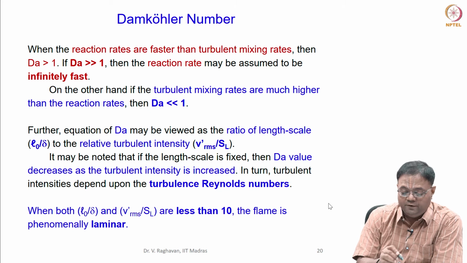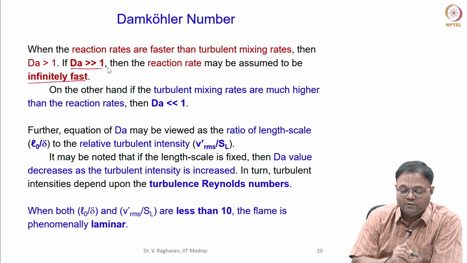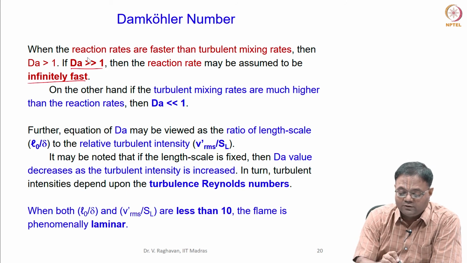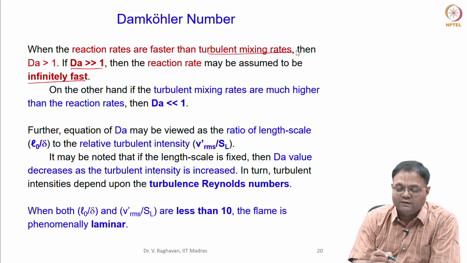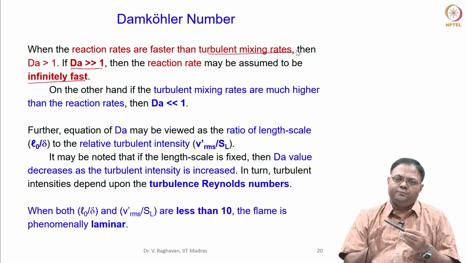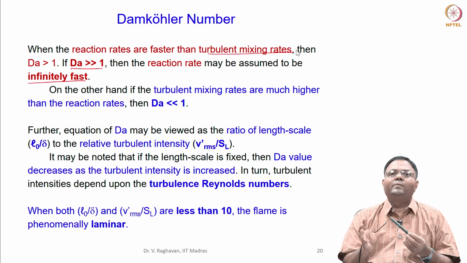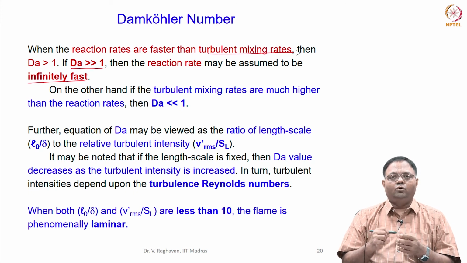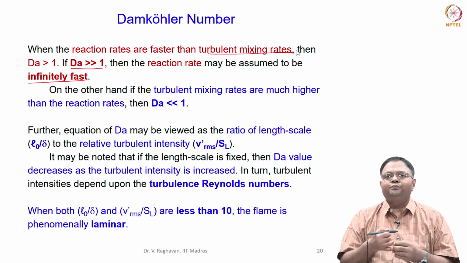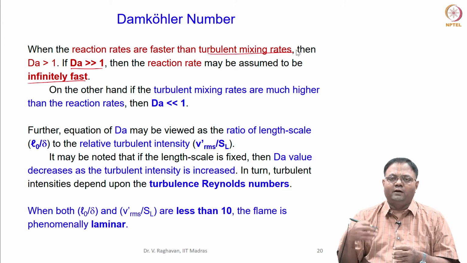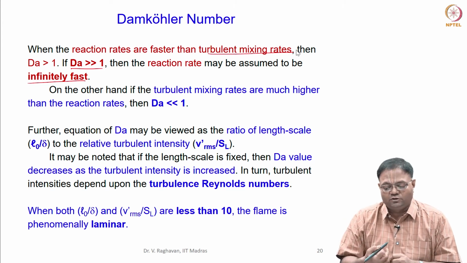Let us first say the reaction is infinitely fast. So, Damkohler number will be much greater than 1, correct. So, reaction rates are faster than the turbulent mixing rates. When I say reaction rate, please understand, it is the volumetric reactions contributed by the mechanism we have. It may be a single step mechanism, or it may be a chemical mechanism with chain reactions, elementary reactions and so on.